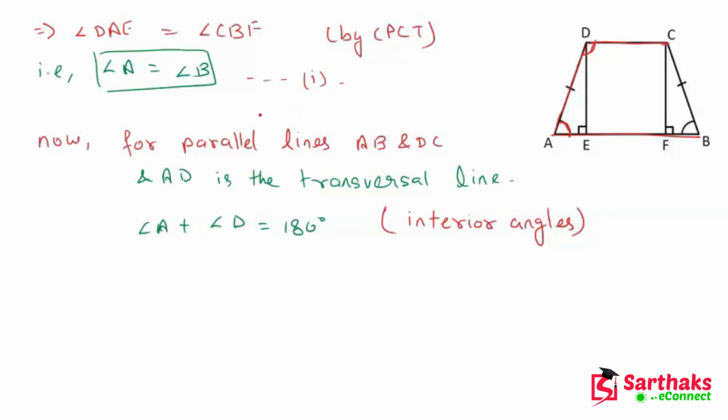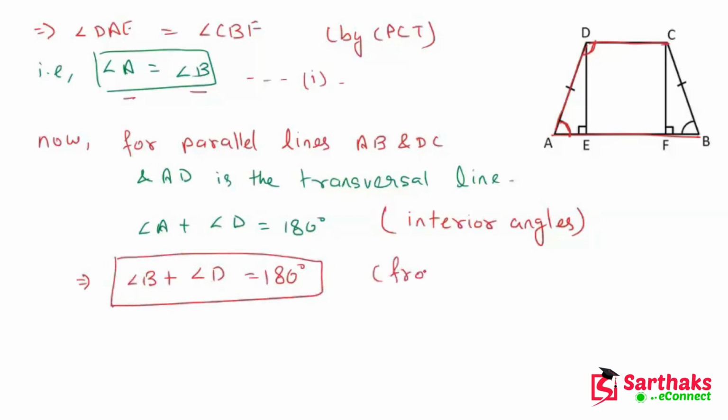Got it? So from equation 1, we know that angle A is equal to angle B. So we can write angle B in place of angle A, and angle B plus angle D is equal to 180 degrees. And we can see that angle B and angle D are opposite angles of this quadrilateral. So in ABCD, the sum of one pair of opposite angles is 180 degrees.